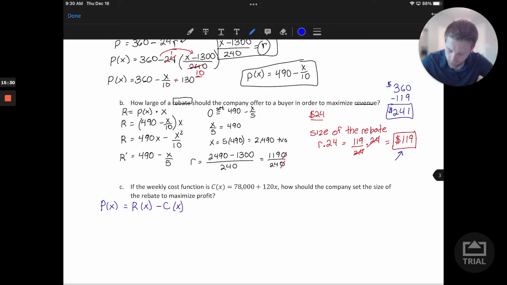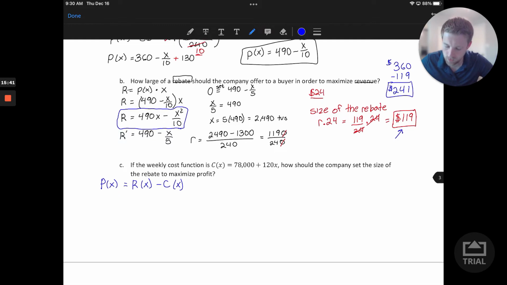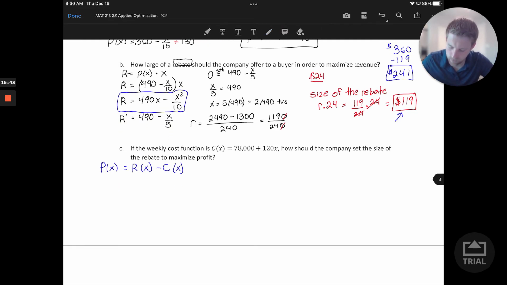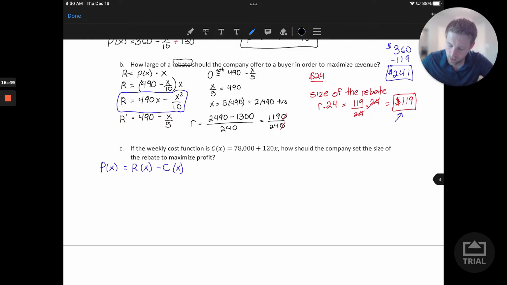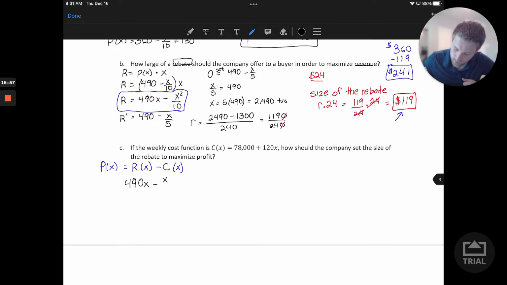They give us a cost function, and now we're going to consider how we might maximize this quantity of profit. So going back up here, we're going to take this R of X function and use that in conjunction with our cost function. So let's go ahead and dive into this one. We have the revenue function. I'm going to go back to our black pen. We have 490x minus the x squared over 10.